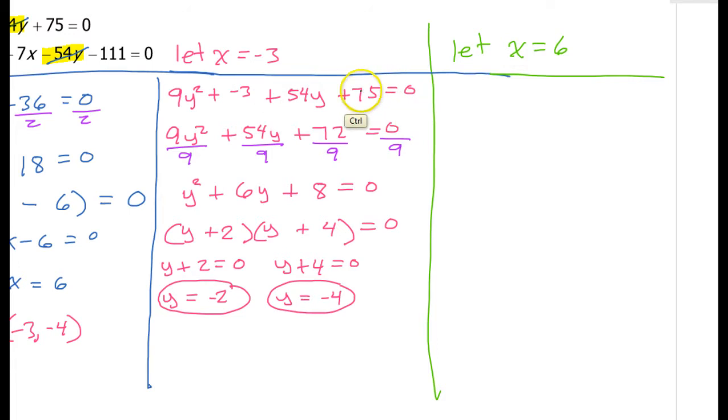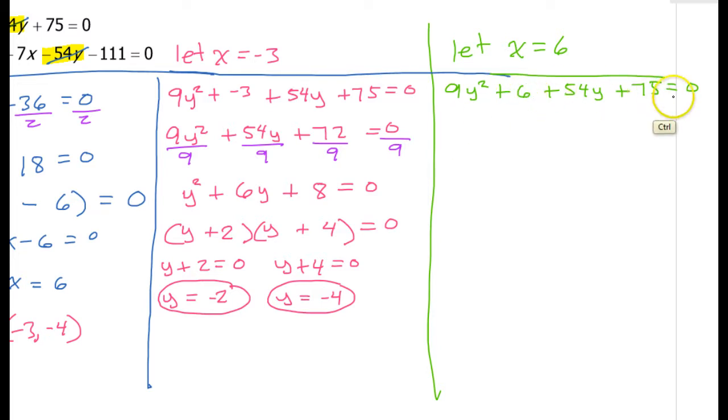Alright, so that's going to be the same thing I had before, but instead of a negative 3, I'll have a 6 right there. So this is going to be 9y squared plus 6 plus 54y plus 75 is equal to 0.